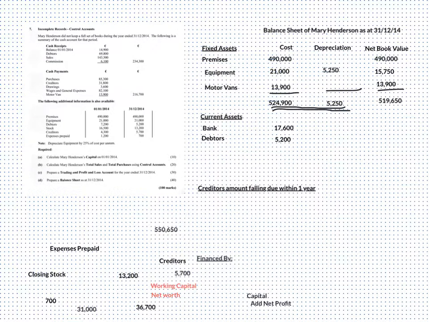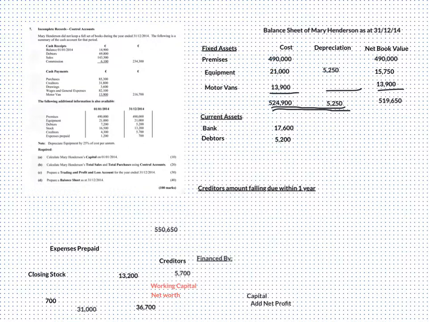The next current asset we always have then is closing stock. So we need to find out what our stock is at the end of the year. So again, at the end of the year here, there's stock of 13,200.